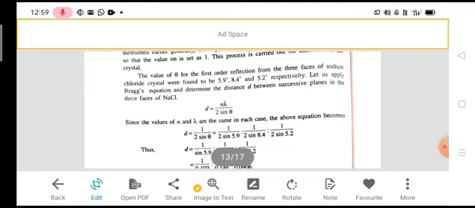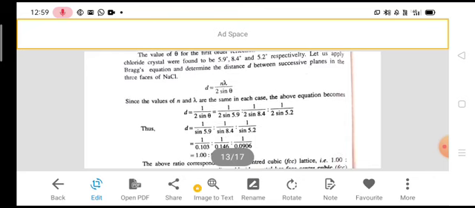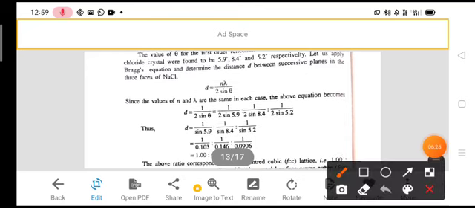Let us apply Bragg's equation and determine the distance between successive planes in three faces of sodium chloride. So already we know that n lambda is equal to 2d sin theta. So d is equal to n lambda by 2 sin theta. Since the values of n and lambda are the same in each case, the above equation becomes d proportional to 1 by 2 sin theta.